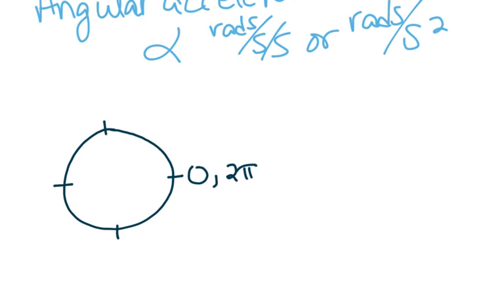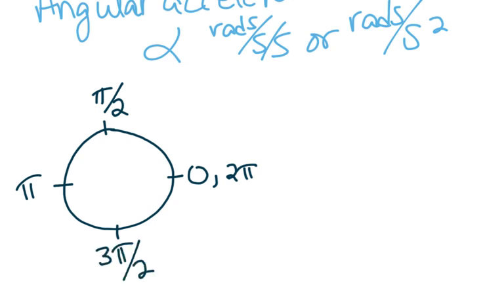That's why when you do the circumference of something, it's 2 pi times the radius, because the distance around the circle once is 2 pi radians, okay? Over here is pi radians, so halfway around a circle. That means this one is pi over 2 radians, and this one is 3 pi over 2, okay?